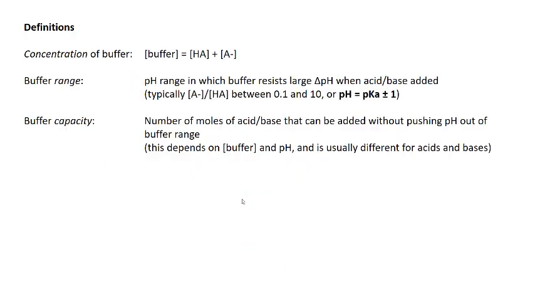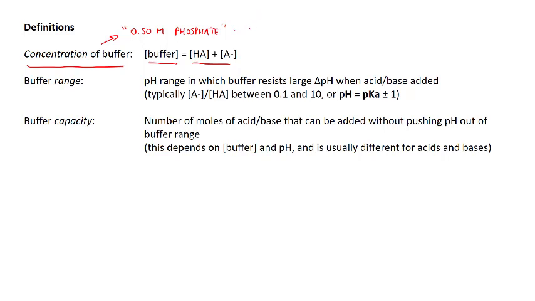All right, so before we go any further talking about how buffers work quantitatively, we need to get some definitions out of the way. A lot of times you'll hear me say concentration of buffers. So for example, we'll say something like a 0.50 molar phosphate buffer. What do we mean by that? What we mean by that is that the concentration of a buffer is equal to the sum of the concentrations of the conjugate acid and the conjugate base.